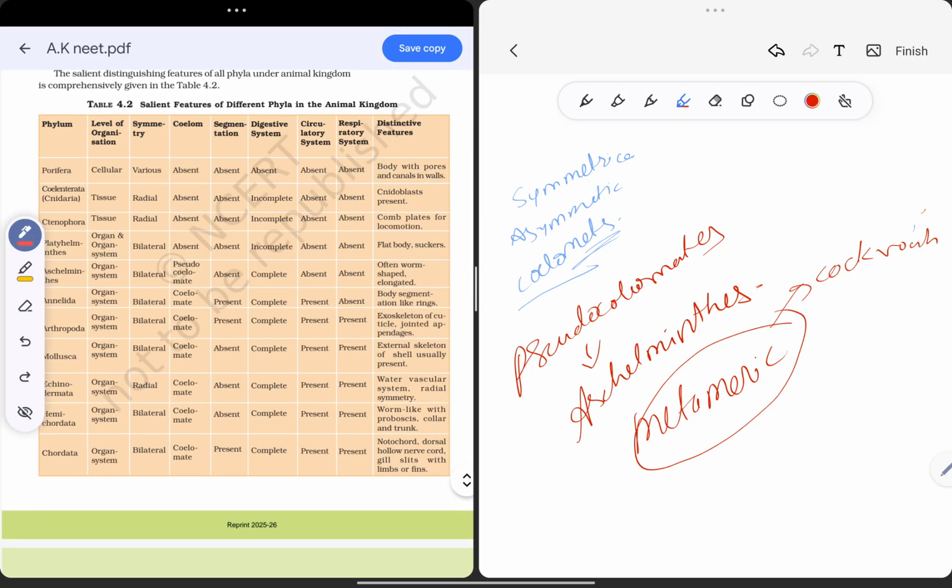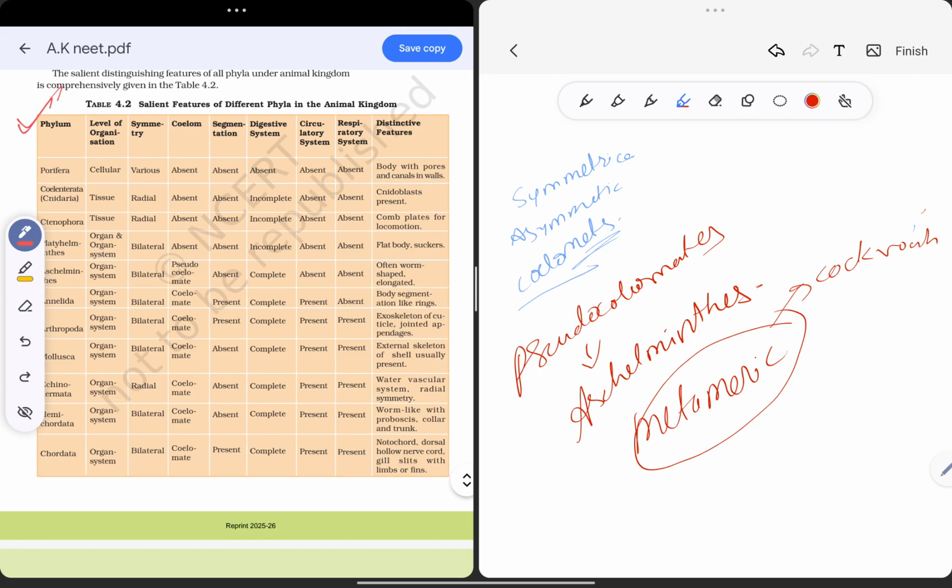This table is very important. You have to remember this table very clearly, starting with the level of cellular organization. Cellular is Porifera, tissue level is Coelenterata and Ctenophora, two phyla. Coelenterata is also called Cnidaria. It's a very important thing.